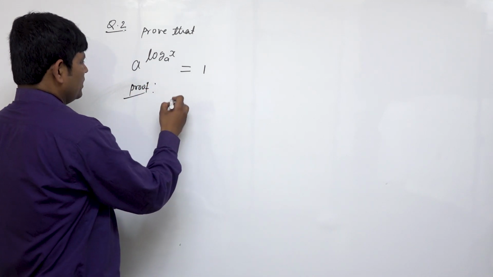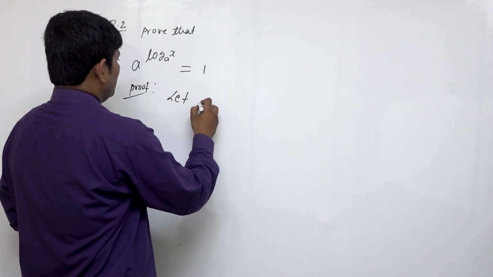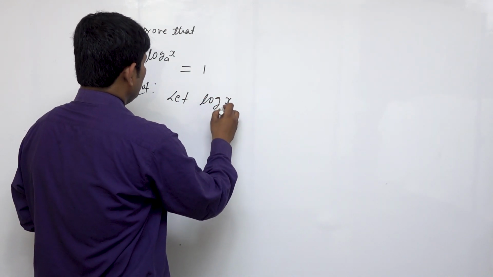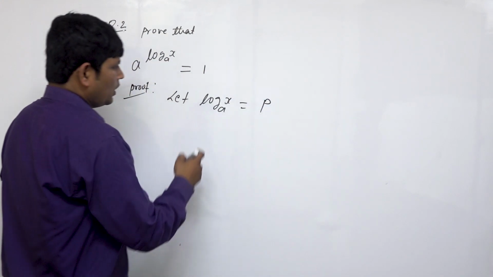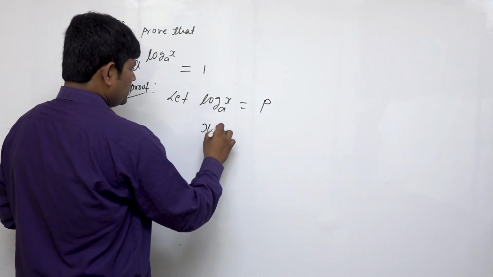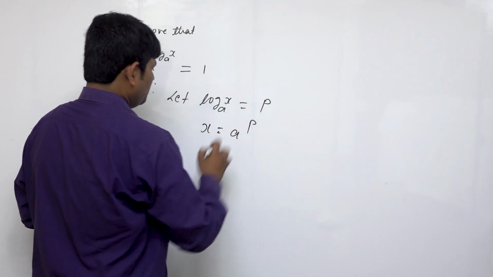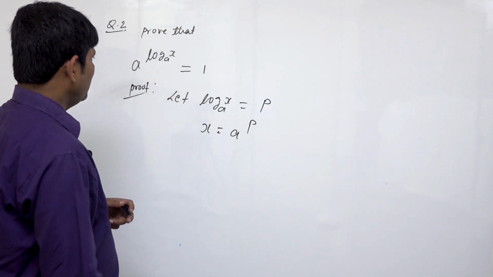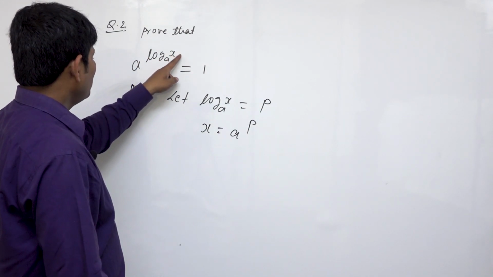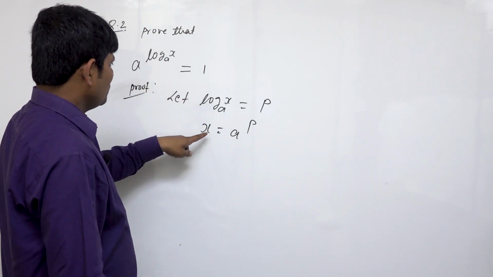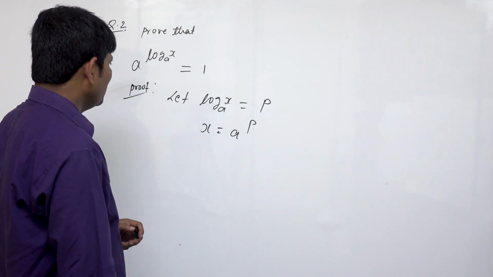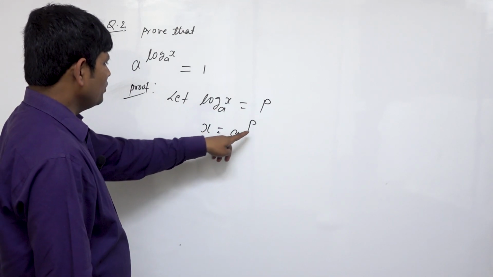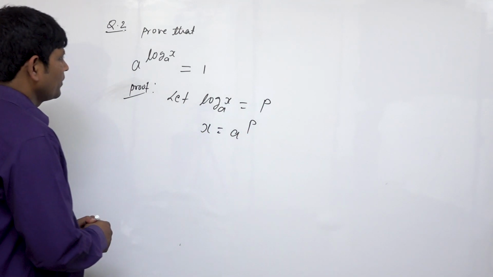Proof is, let log of x to the base a is equal to p. So how can we write? X is equal to a to the power p. So log of x to the base a is equal to p, which I supposed here, so x is equal to a to the power p.